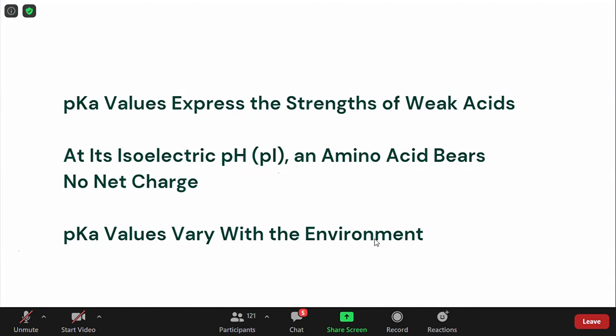Like the environment in your gastrointestinal tract: in the stomach, it is very acidic, and when you go into the small intestine, it is alkaline. So you have two environments there.